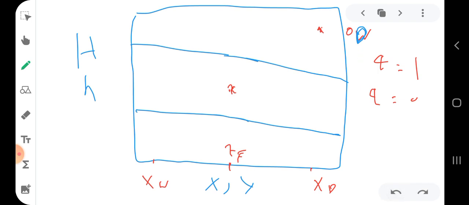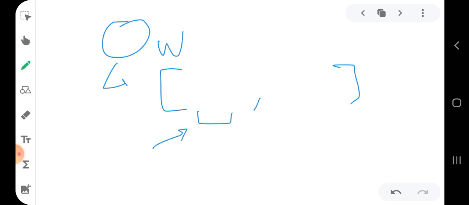operating point. Now let me specify a new point called the OW. OW has the same idea as OD. So it has a set of coordinates x and y. The x here represents the xW, and the y here represents hW.